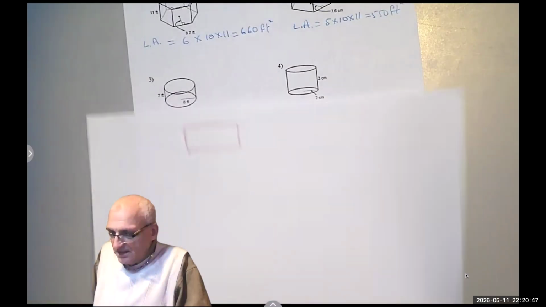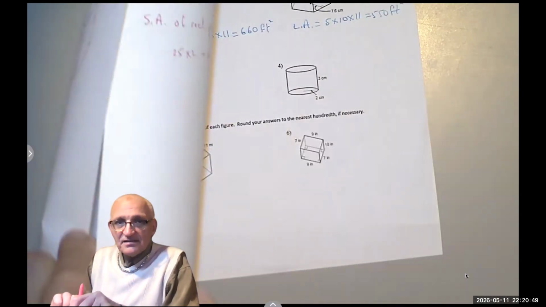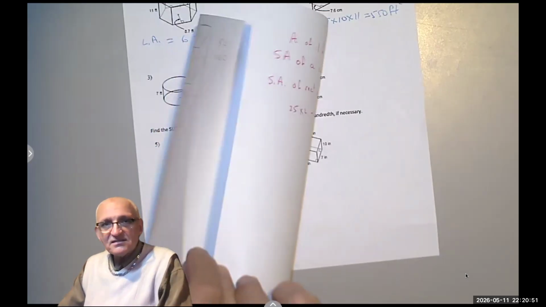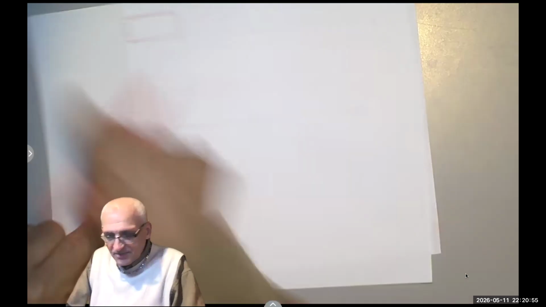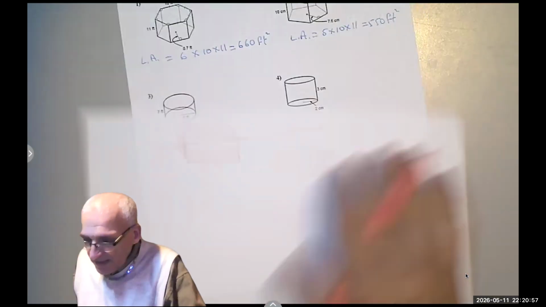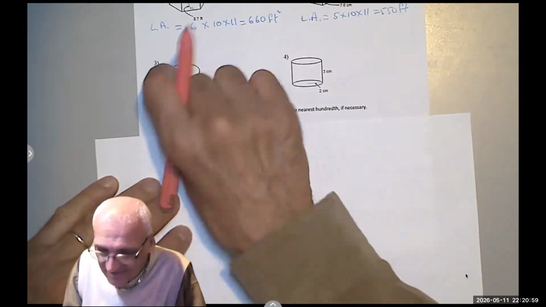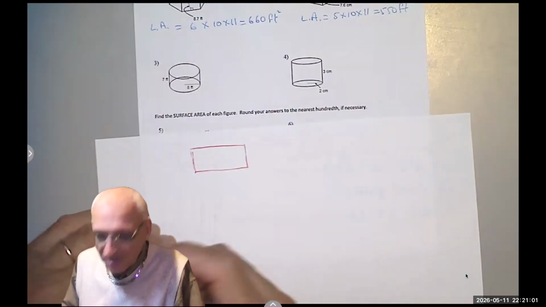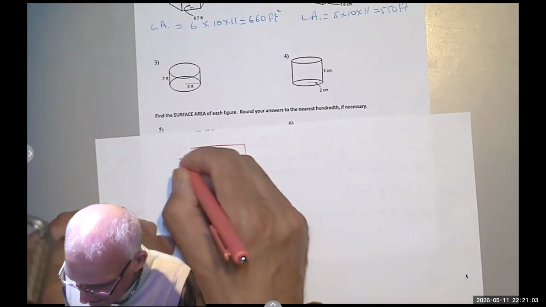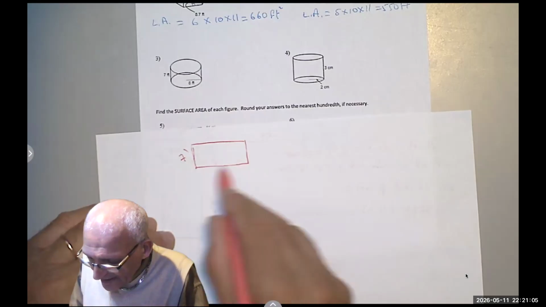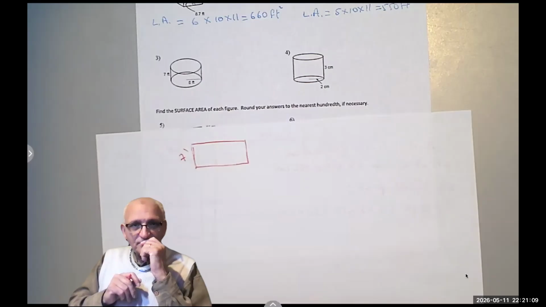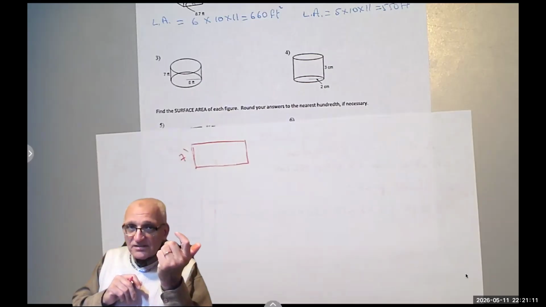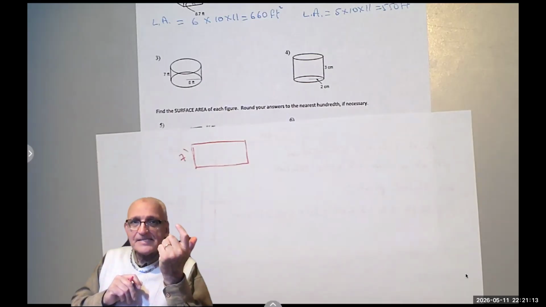If I cut it open and spread it, it becomes a rectangle. Now, the height of the rectangle is the same as the height of this can, which is 7 feet. But who can tell me what would be the length of the base? Think about it. You should get it easily.